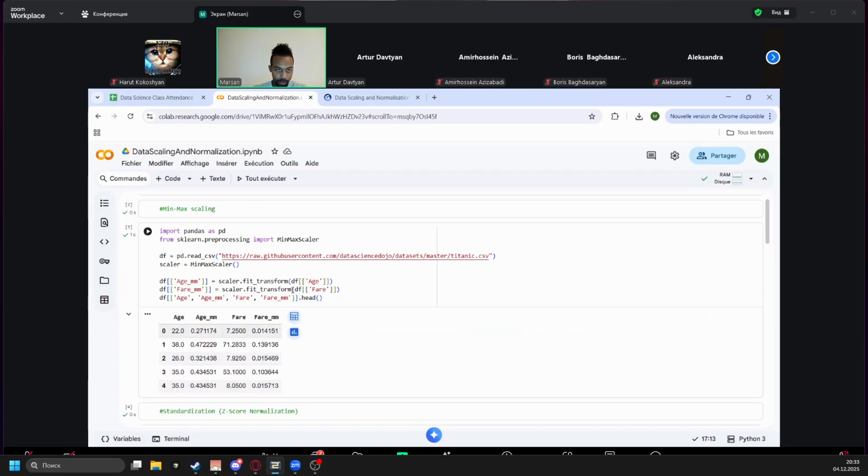If we do the same for other features like the fare, where we had values like 7 or 53, by now we only have values between 0 and 1.